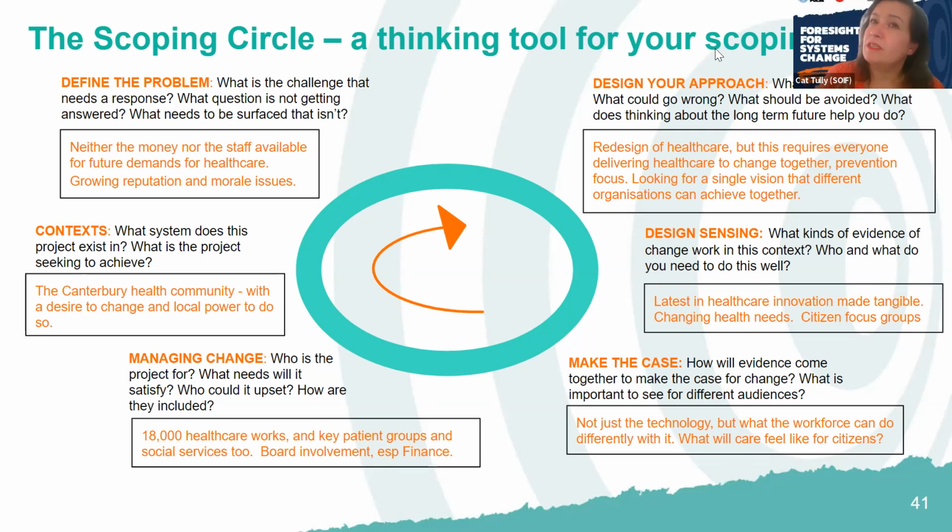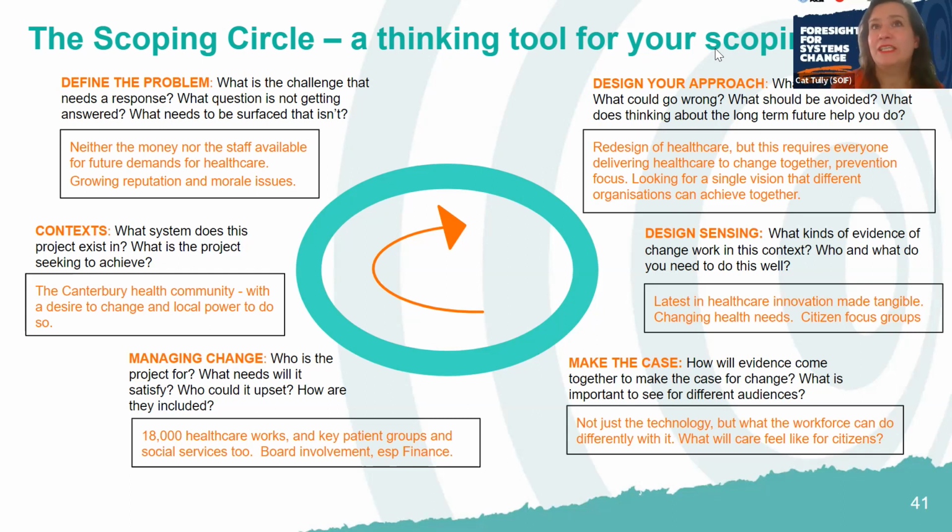Could they redesign the healthcare approach to work together and to focus on prevention? Because they're looking for a single vision that different organizations, whether you're in social care or primary care, or perhaps even a school or any other public service, could tap into, because it's about what is our vision for our healthy community.